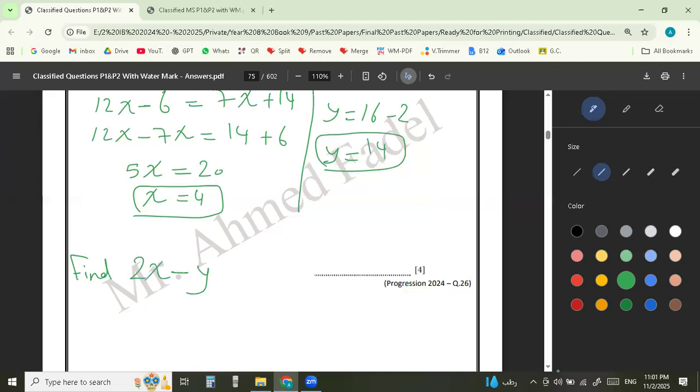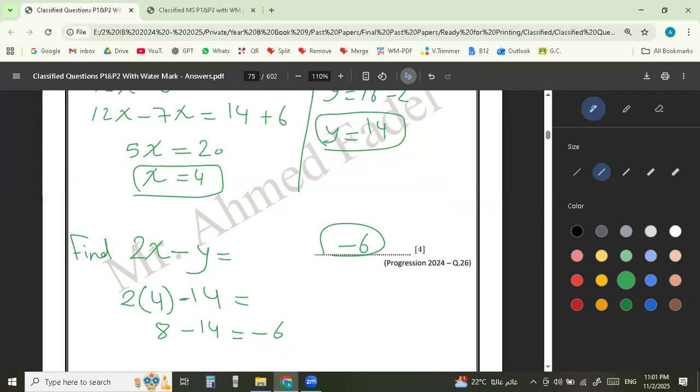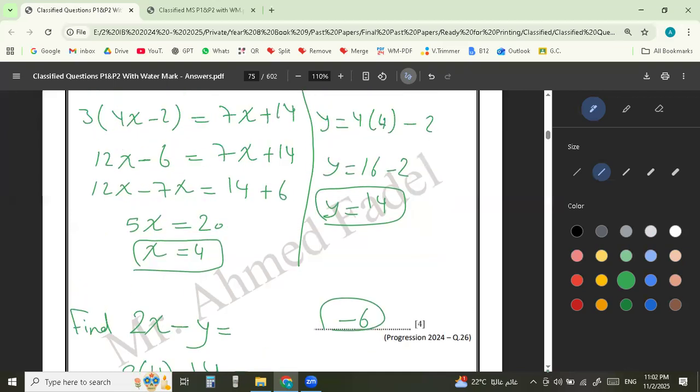I found that x is 4. You have 2 times 4 minus y, which is 14. You have 2 times 4 is 8 minus 14, which is negative 6. You see, this question is worth 4 marks. I found the x, I found the y, but I found 2x minus y using x and y.